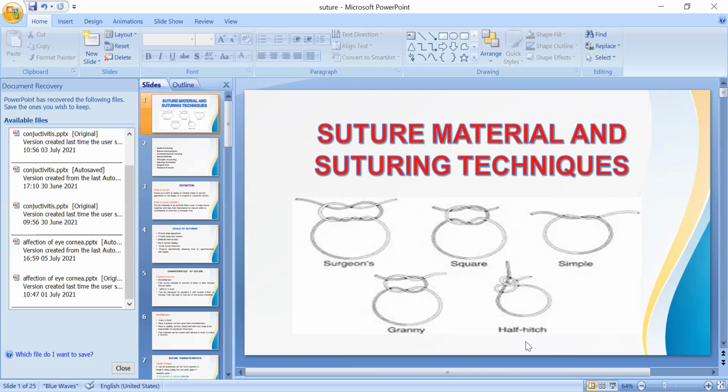Strength of suture is very important. Capillary action creates infection in tissue. Some suture material creates more tissue reactions comparatively than others.